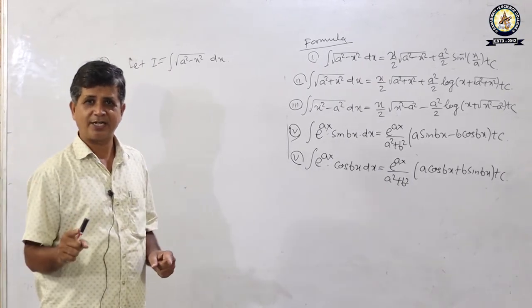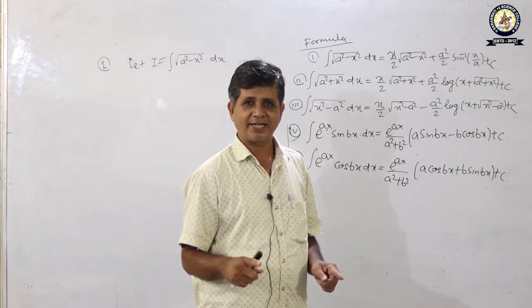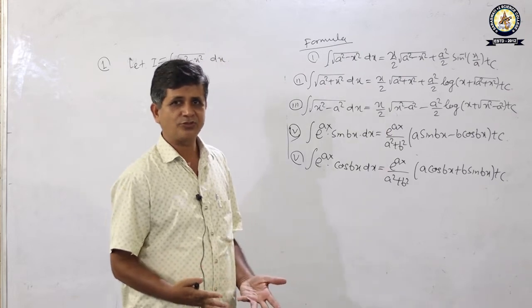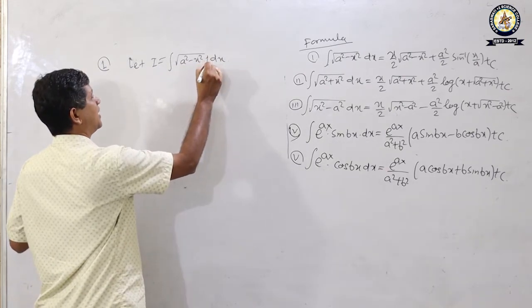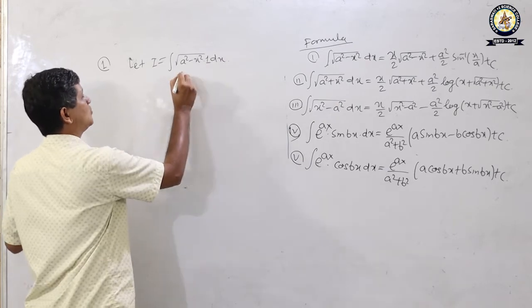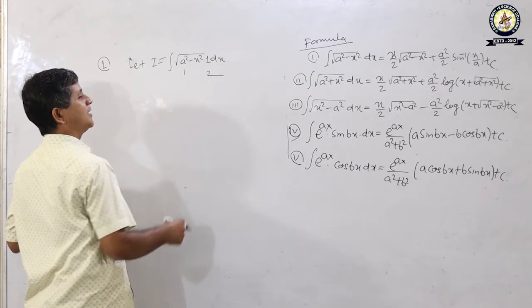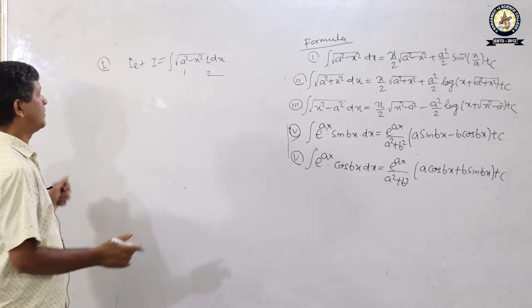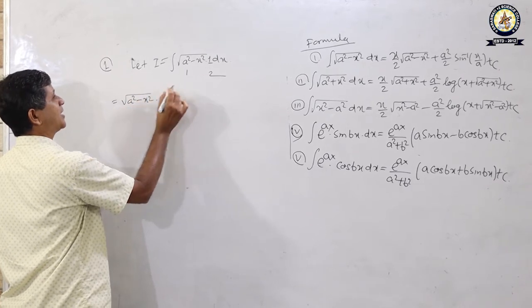In the case of quadratic irrational functions, if there is no second function, 1 will be taken as the second function and we use integration by parts. So we take 1 as the second function, with root over a square minus x square taken as the first function.